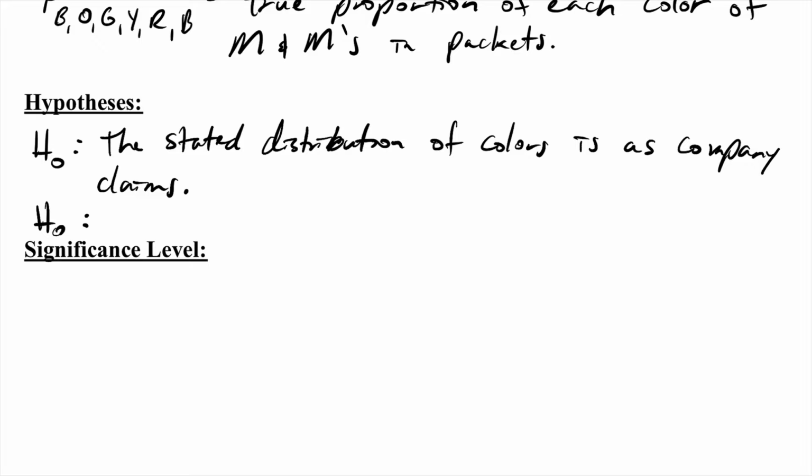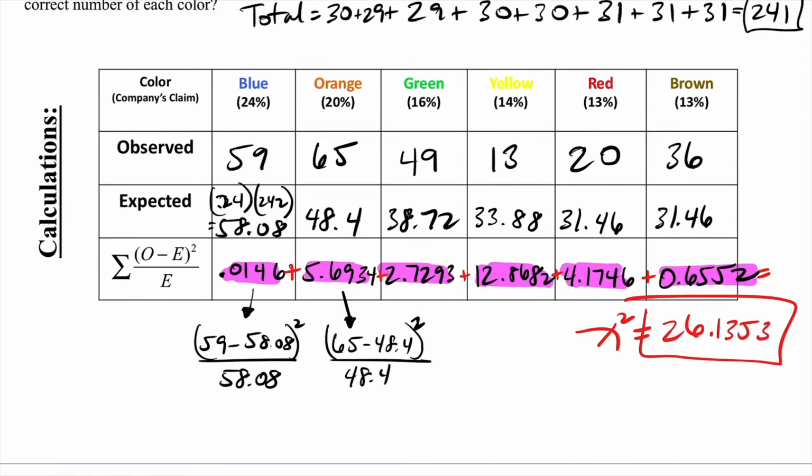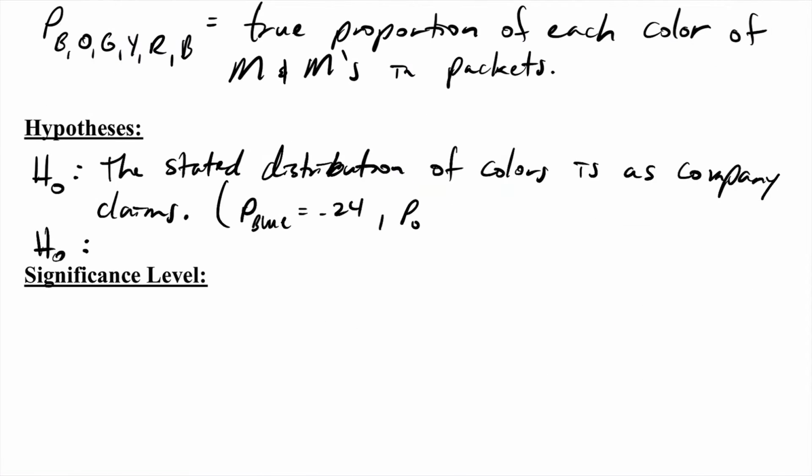In other words, P blue equals 0.24, P orange equals 0.20, etc.